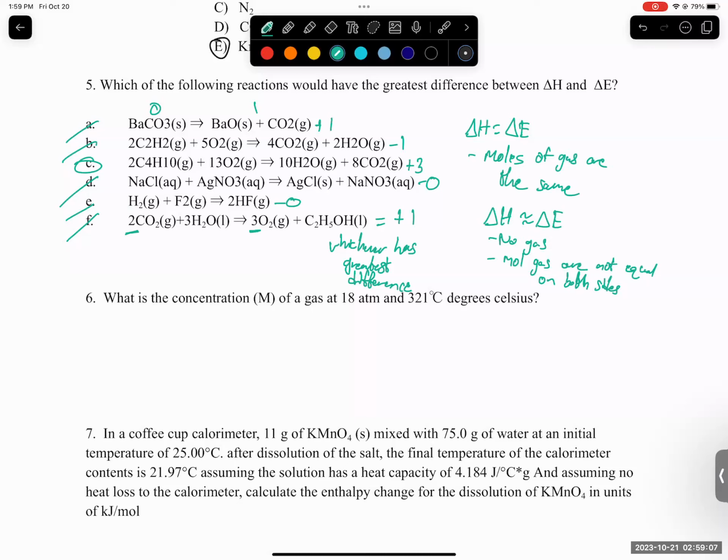And then, yeah, there's other ones. So when delta H is approximately delta E, that would be D and E, right? Because the moles of gas either doesn't change or there is no gas. Yeah, bottom line, you're probably gonna have a question on it. Any questions on that?